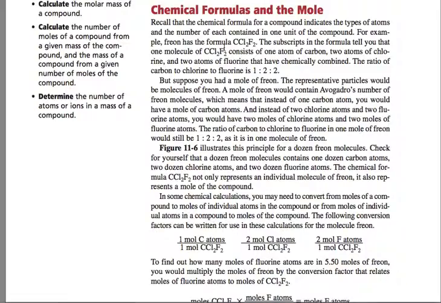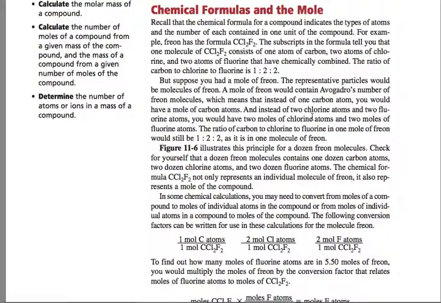The ratio of carbon to chlorine to fluorine is 1 to 2 to 2. But suppose you had a mole of Freon. The representative particles would be molecules of Freon. A mole of Freon would contain Avogadro's number of Freon molecules, which means that instead of 1 carbon atom, you would have a mole of carbon atoms.